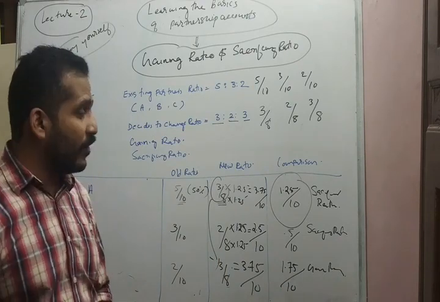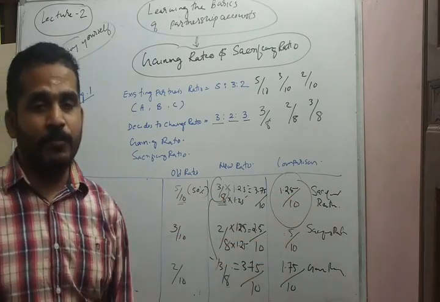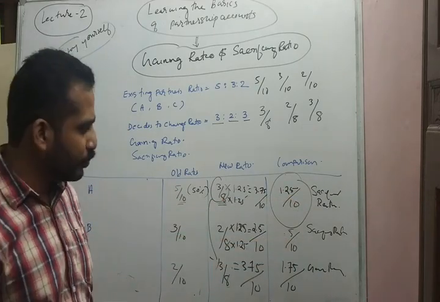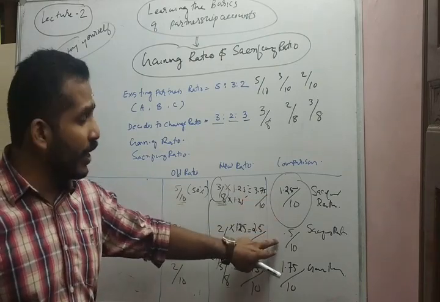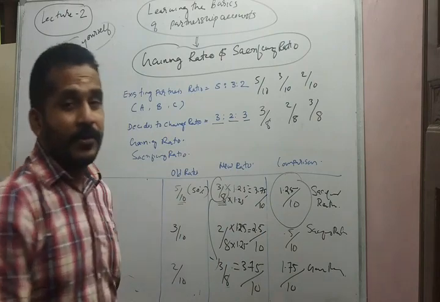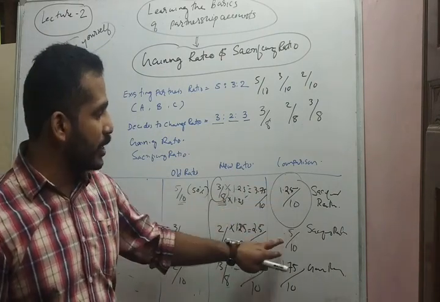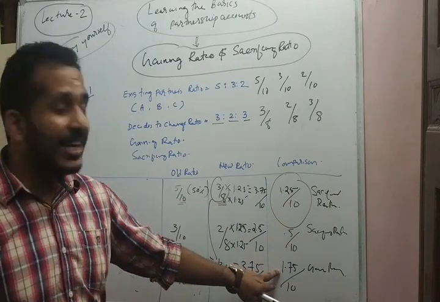So A and B have sacrificed. What is the sacrificing ratio? 1.25 is to 0.5. What is the gaining ratio? 1.75. If these sacrificing ratios are added, 1.25 plus 0.5, we will get 1.75.